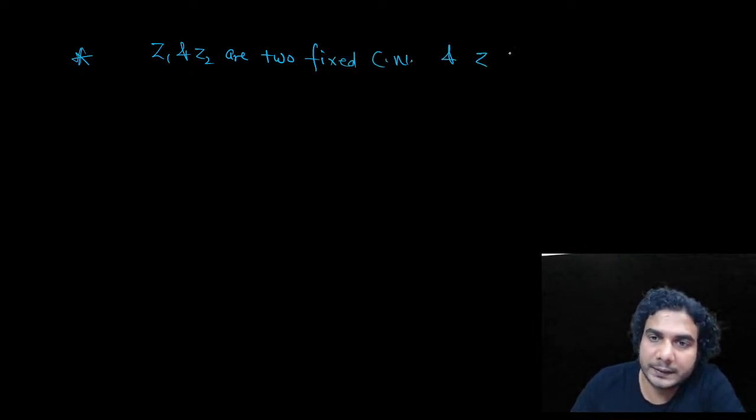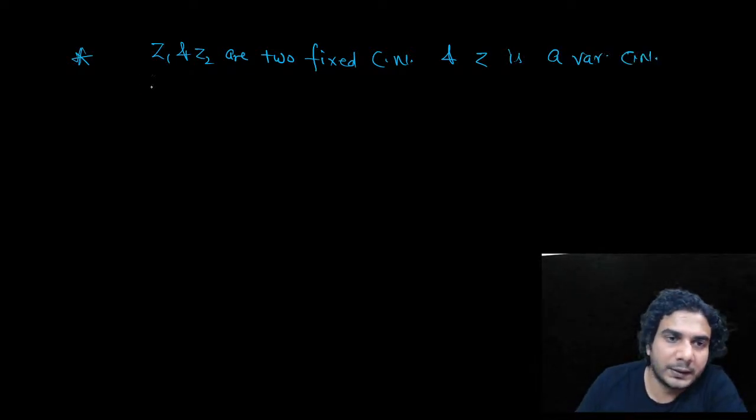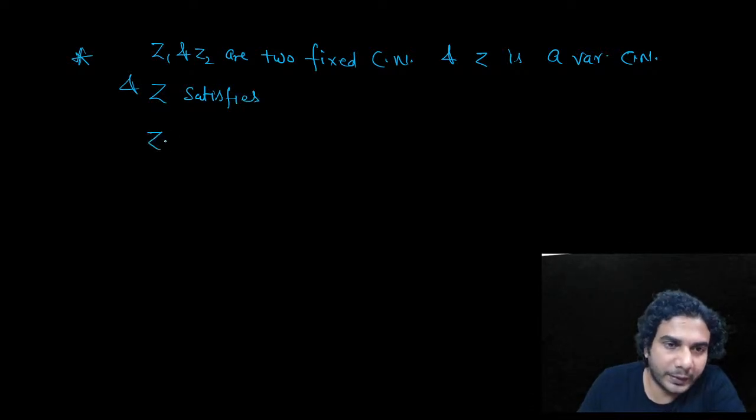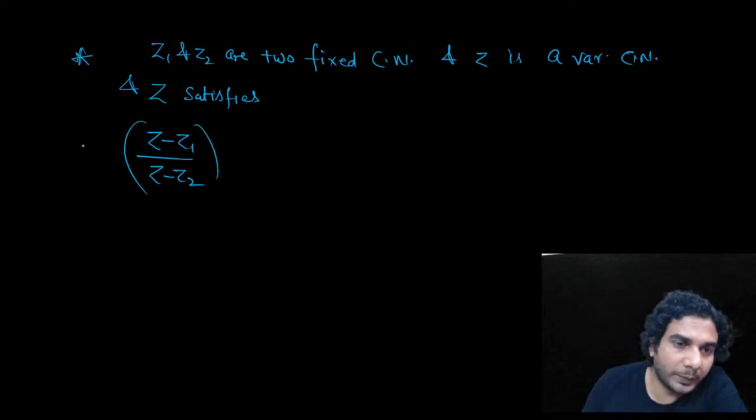Now let's do one more locus. Now the next locus is: Z1 and Z2 are two fixed complex numbers and Z is a variable complex number, and Z satisfies that the argument of Z minus Z1 upon Z minus Z2 is going to be theta.